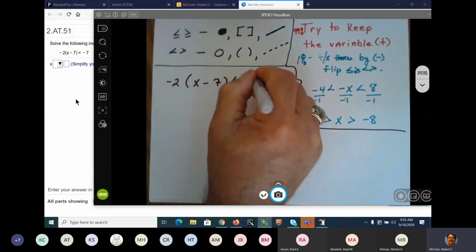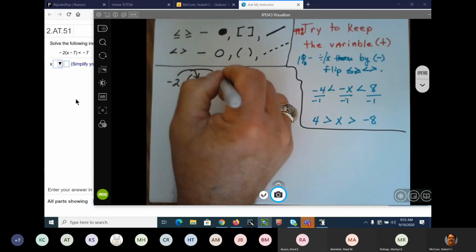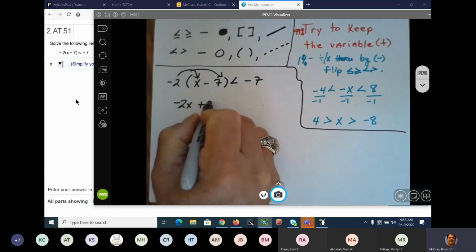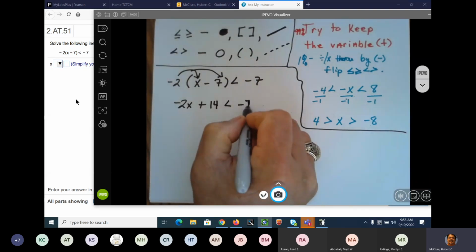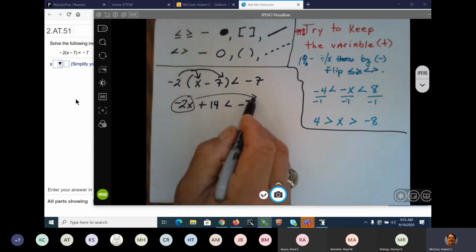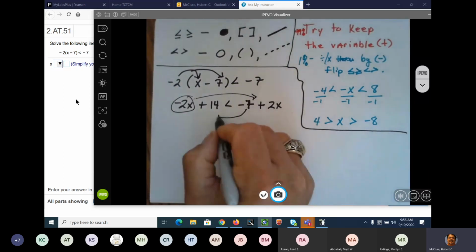First thing I'm going to do is distribute this 2, and I get -2x plus 14 is less than -7. And I'm going to bring that 2x across the river and bring that 7 across the river.